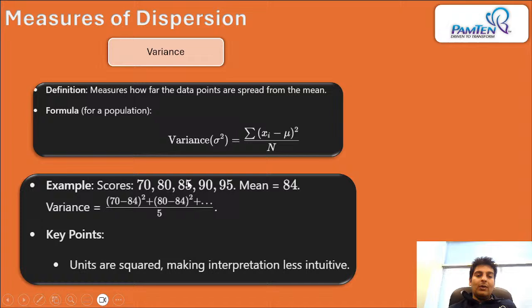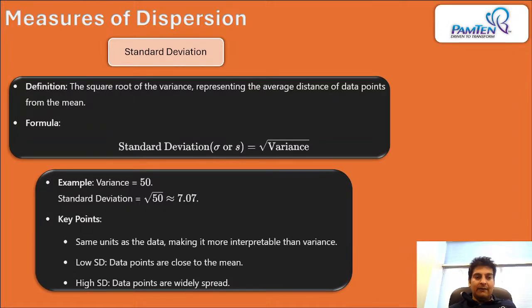If you were to find the variance, since you are calculating the square, the kg will become kg square. Similarly, if these values were in meters, the variance will become meter square, right? So when you are using variance, the units change and it isn't easy to interpret what it actually means. And this is where we have something called standard deviation.